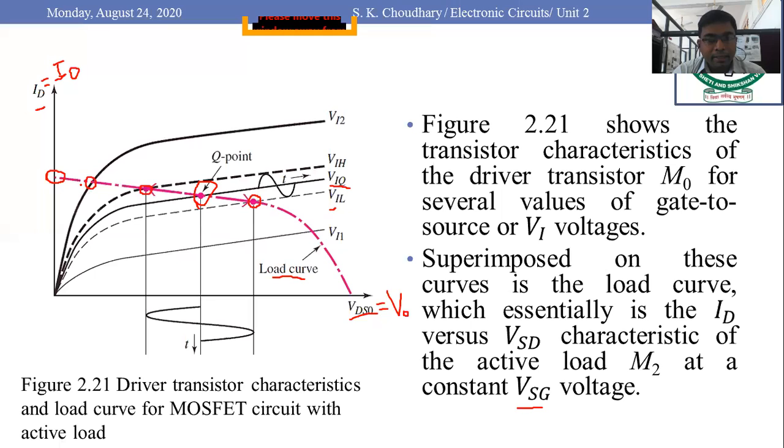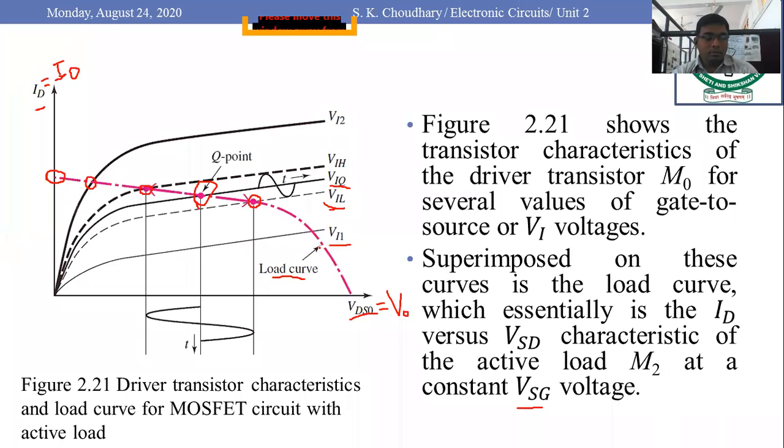Similarly, at VI2, your driver transistor enters the non-saturation region. The load is still in the saturation region. But if you decrease the input voltage, to VIL, the Q point moves downward, and when it decreases more, to VI1, your driver transistor is in the saturation region, but the load enters the non-saturation region.